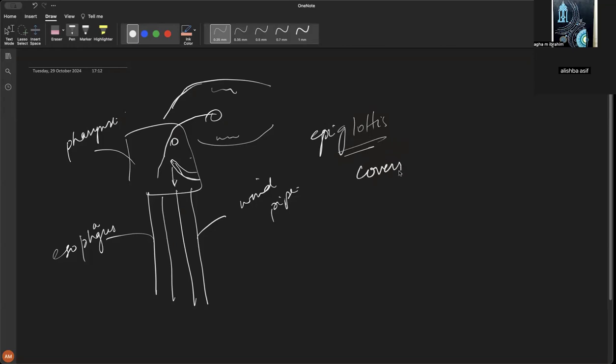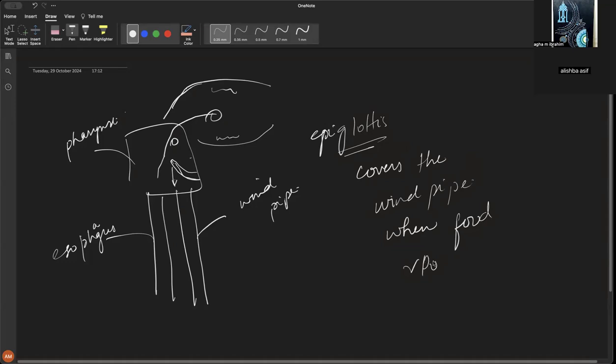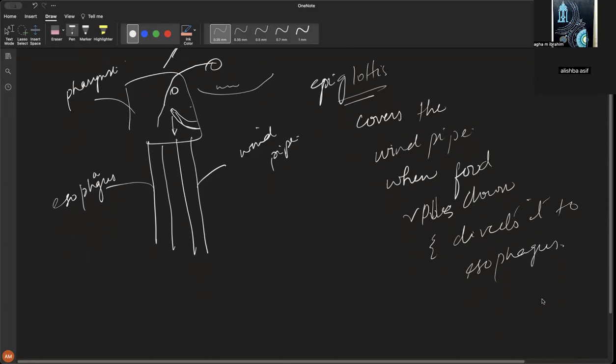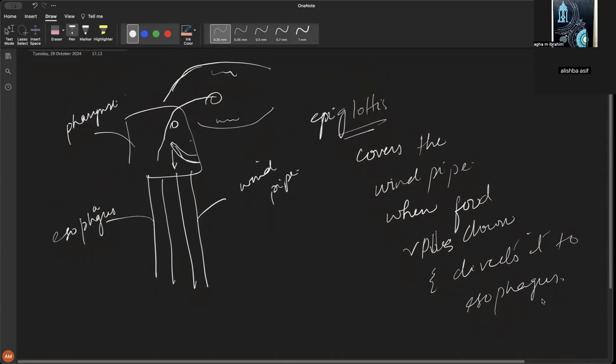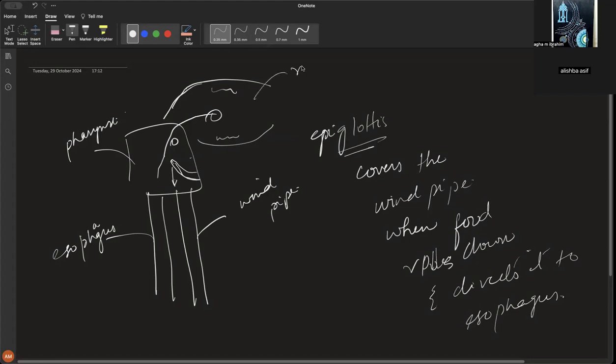This covers the windpipe, the larynx and everything, the trachea, when food rolls down and directs it to esophagus. Right? It's the mouth.